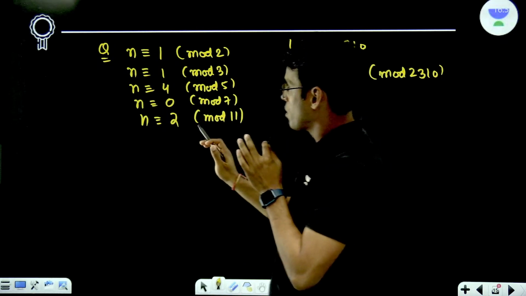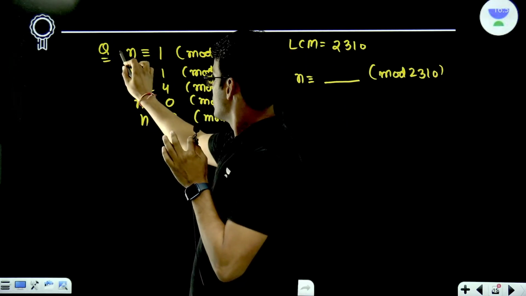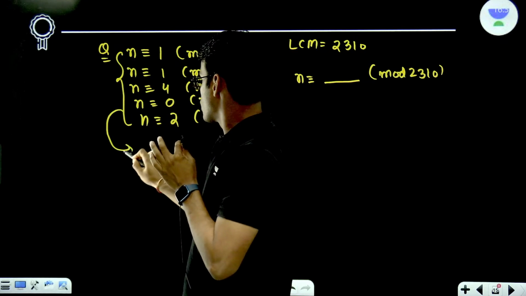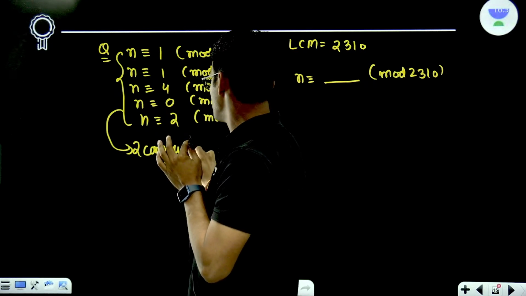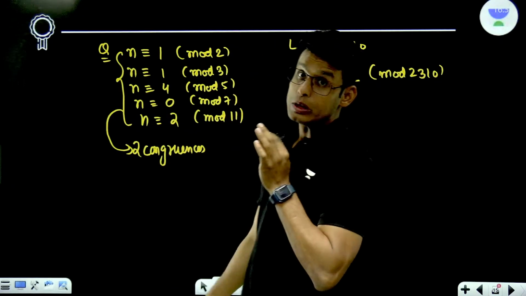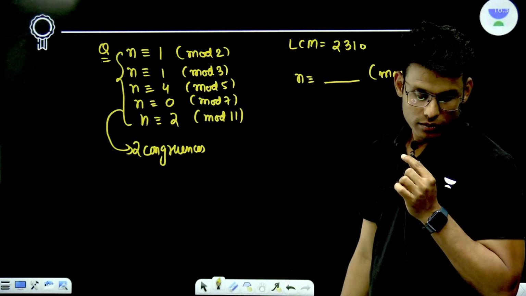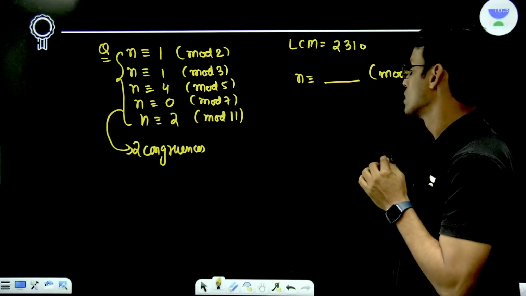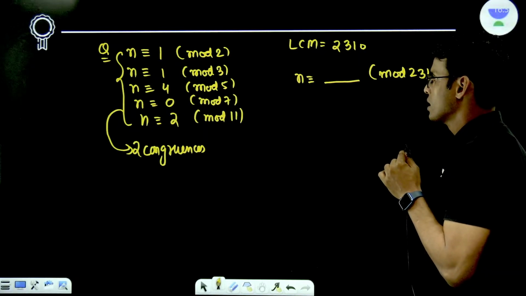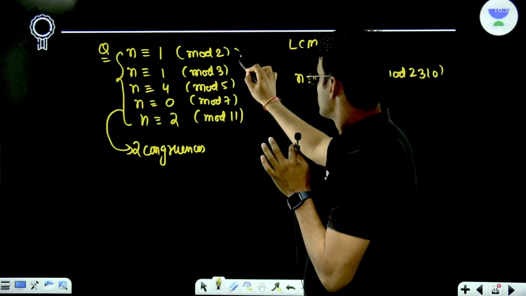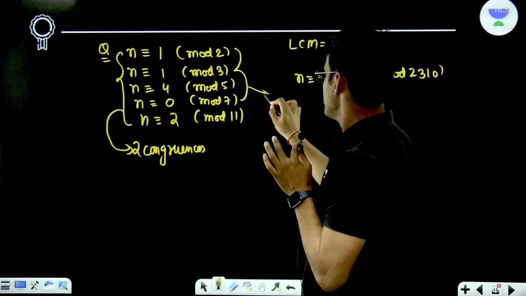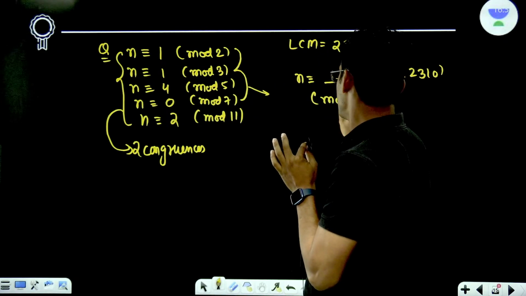The first step is to convert these 5 congruences, so do this first. If I see these 3, they give me something mod 40.